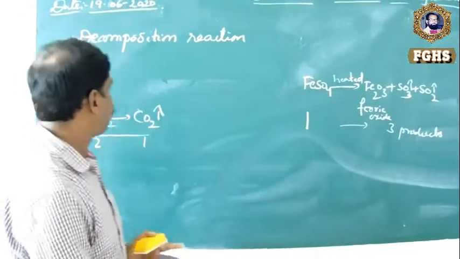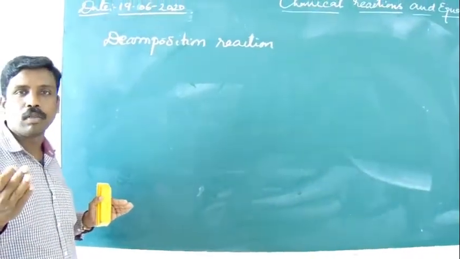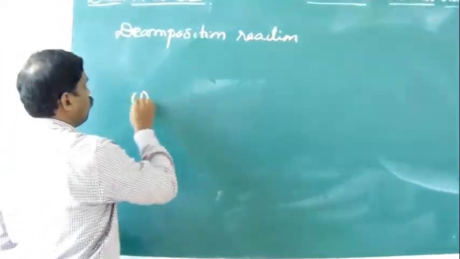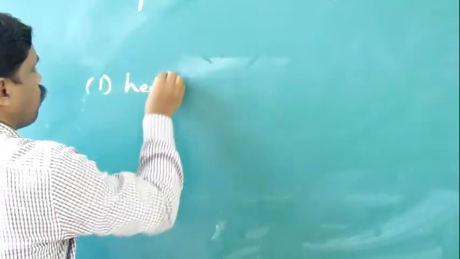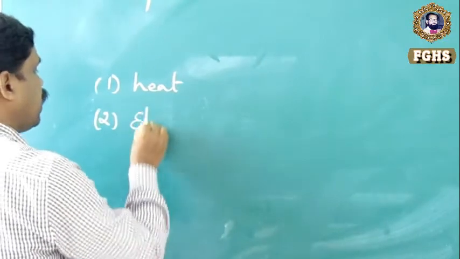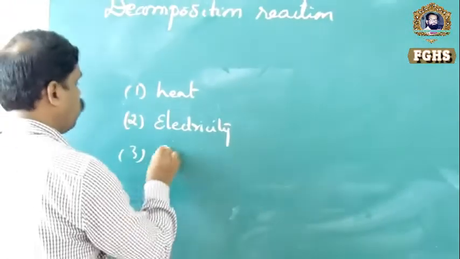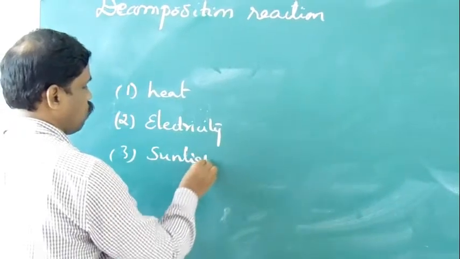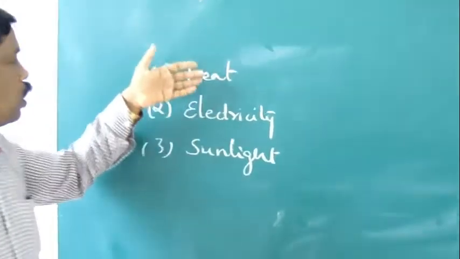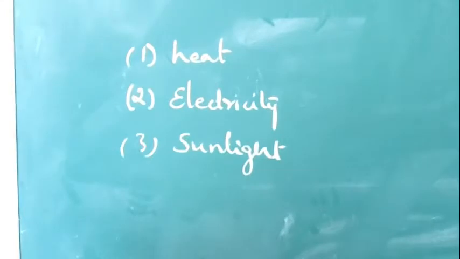Now, decomposition reaction can be carried out in three ways. First, using heat. Second, using electricity. Third, using sunlight.